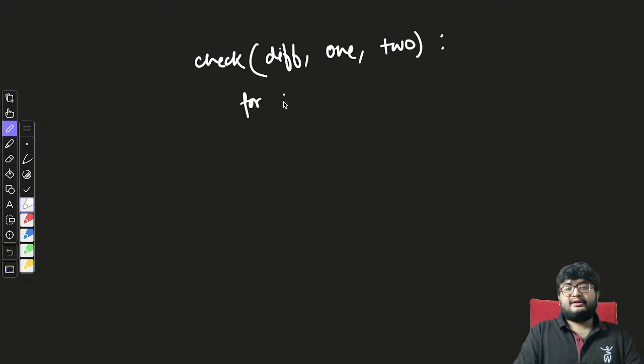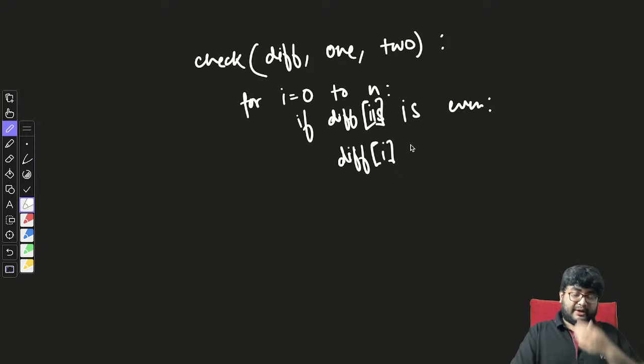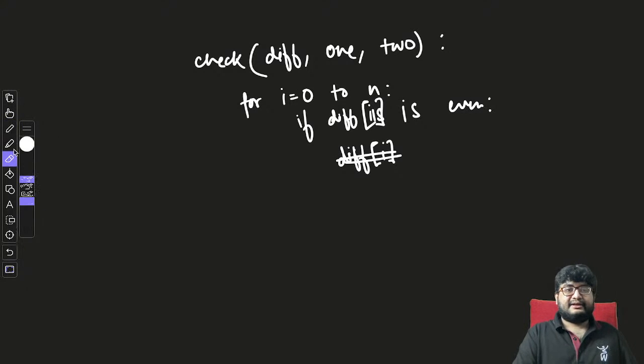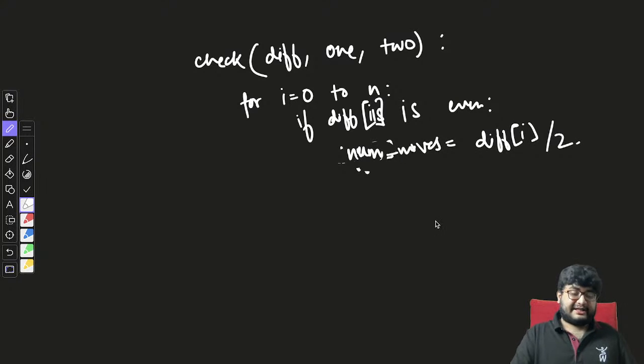For i equals 0 to n, the length, if diff of i is even, we'll see if we have enough two moves. Let's find the number of two moves needed. Num moves needed is diff of i by 2. This many plus 2 moves are needed.